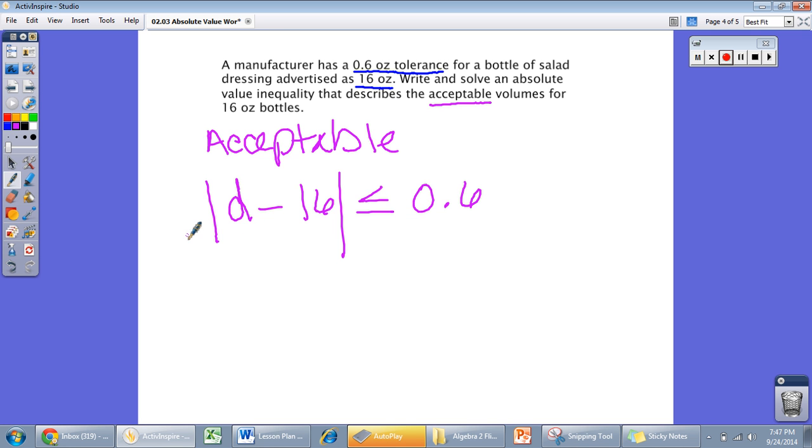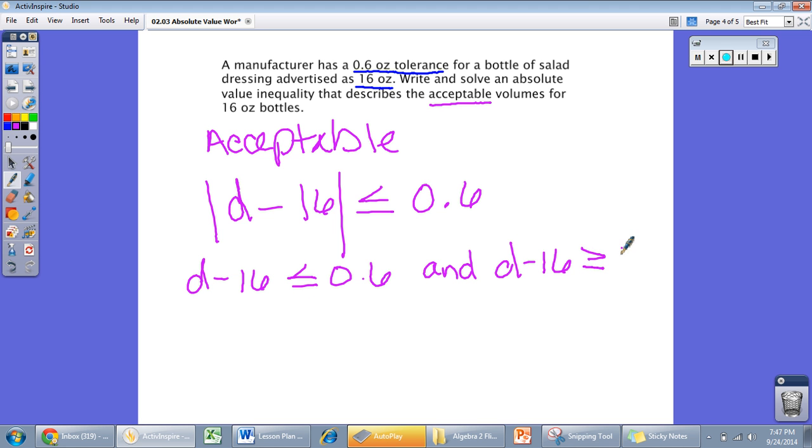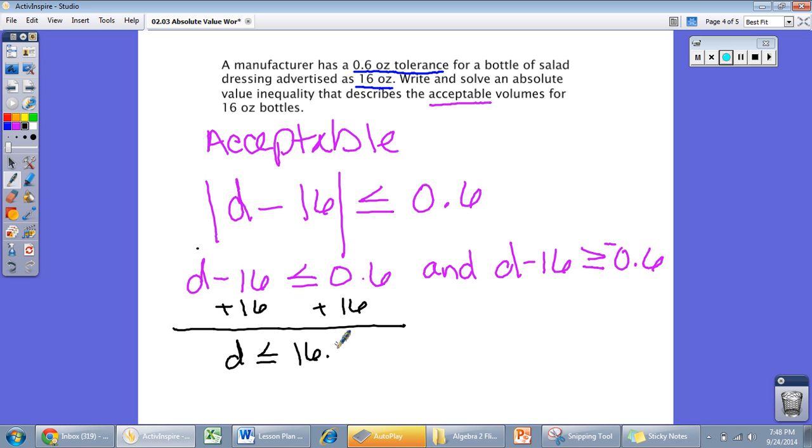So if we solve each scenario, remember we isolate the absolute value sign, set up our first problem as is, and this is a less than, so it's an and problem. D minus 16 is greater than or equal to negative 0.6. Don't forget to flip the sign, and we're going to negate. Now we can solve each. So we're going to add 16 to both sides. And we get this bottle of dressing can be less than or equal to 16.6, the maximum size that's acceptable.